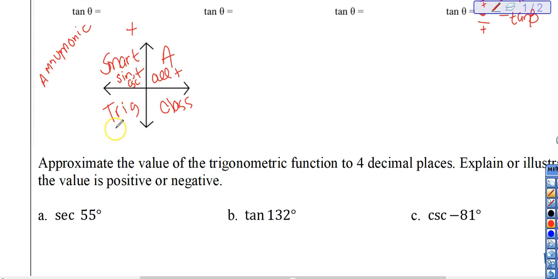In quadrant 3, tangent is positive and its reciprocal function, cotangent, is also positive. And in quadrant 4, cosine is positive and secant, which is its reciprocal function, is positive. So if you can remember, in a positive rotation, a smart trig class, breaking your quadrants up, that will help you to remember which functions are positive in each quadrant.